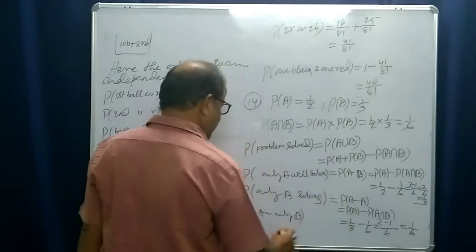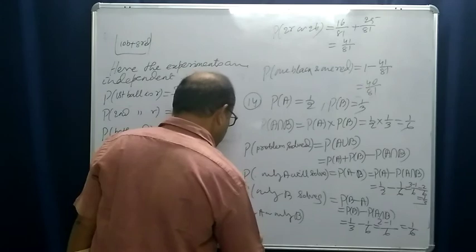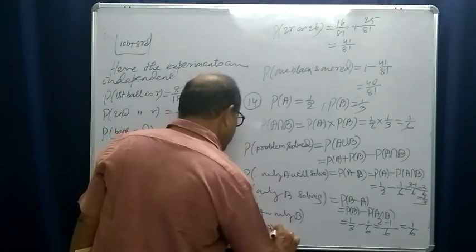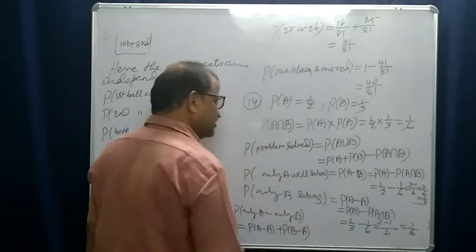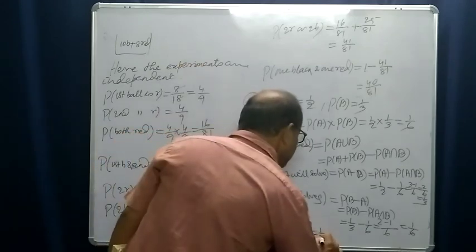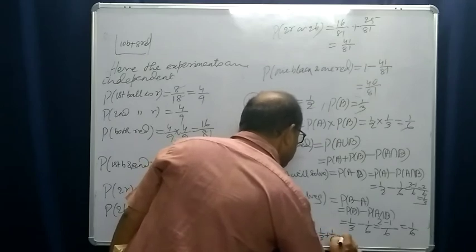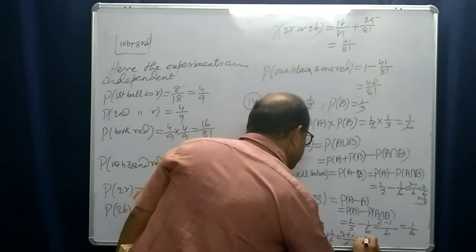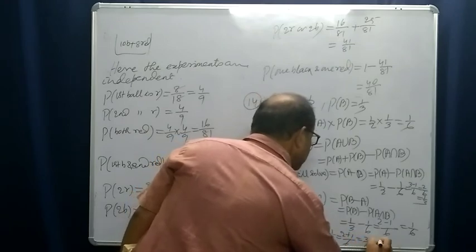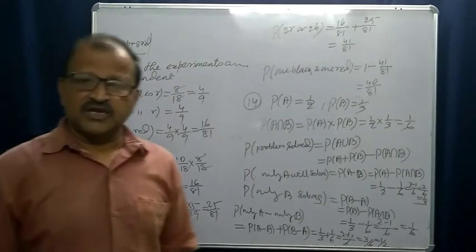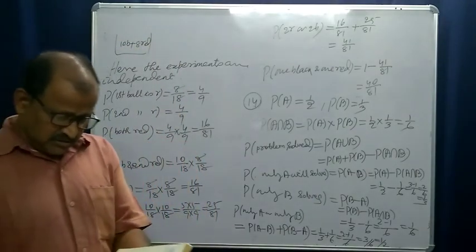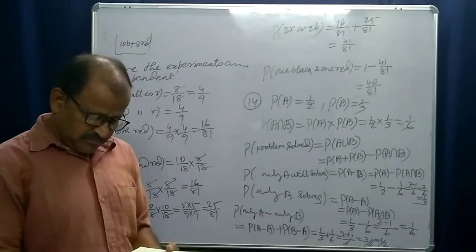So this is equal to probability of A difference B plus probability of B difference A. That means 1 by 3 plus 1 by 6, that is 2 plus 1 by 6, that is 3 by 6, that is 1 by 2. Exactly one will solve. This is the answer.